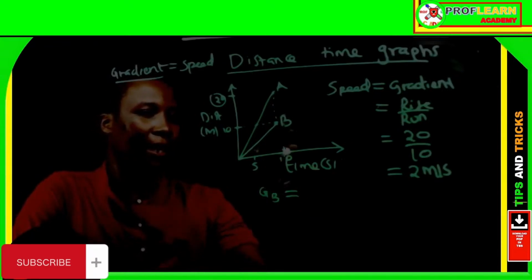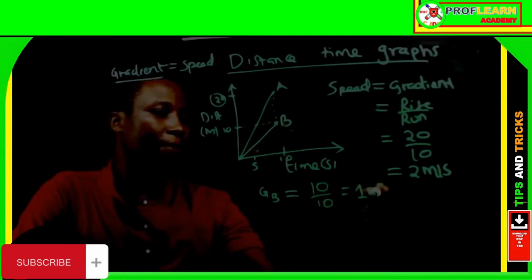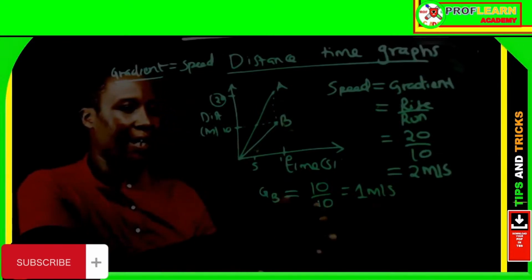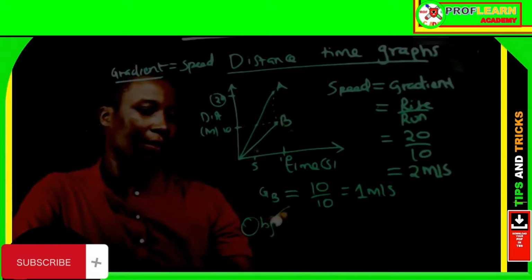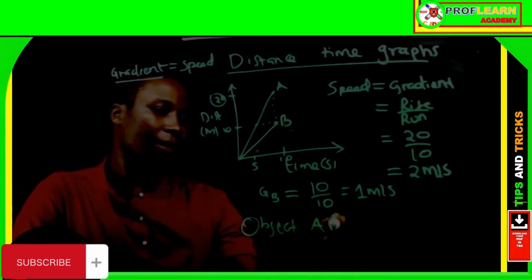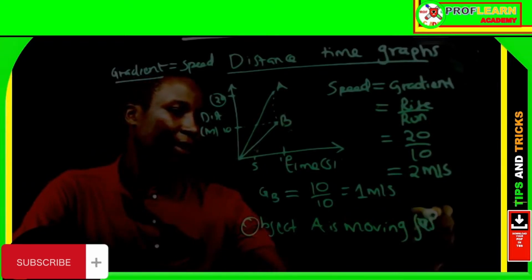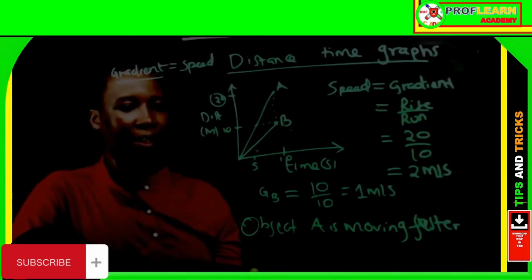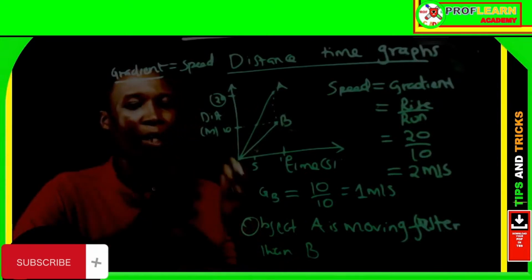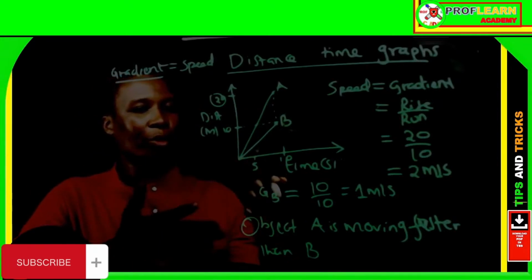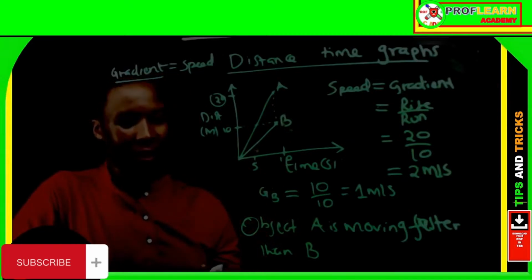Rise, which is 10, you see it's 10 here, divided by 10, and then you see it's 1 meter per second. By analyzing this, we can say object A is moving faster than B. So by looking at the graph, you can say where the object was speeding up and where the object was slowing down.